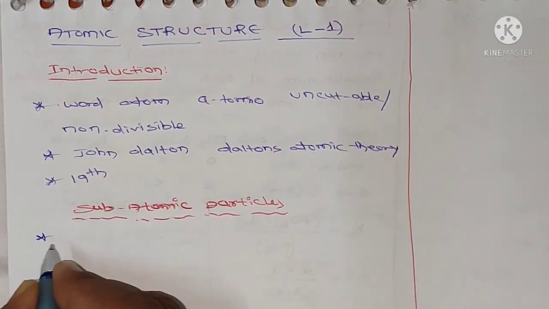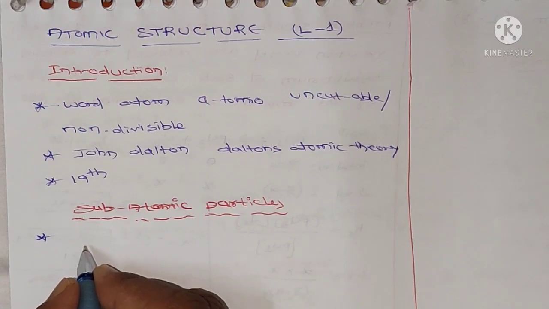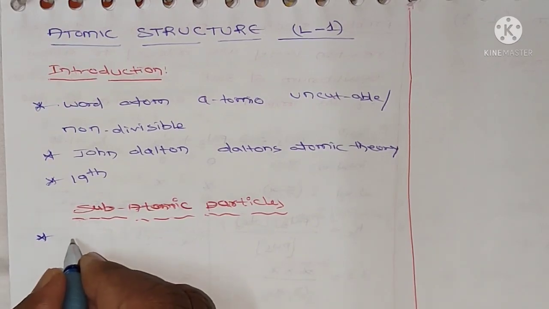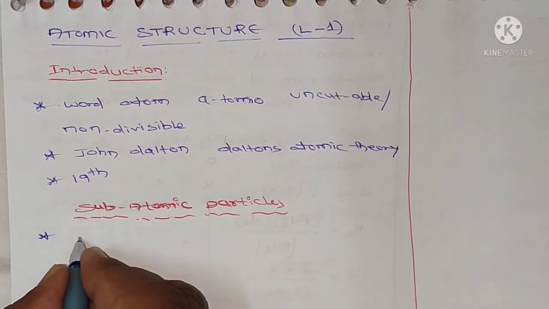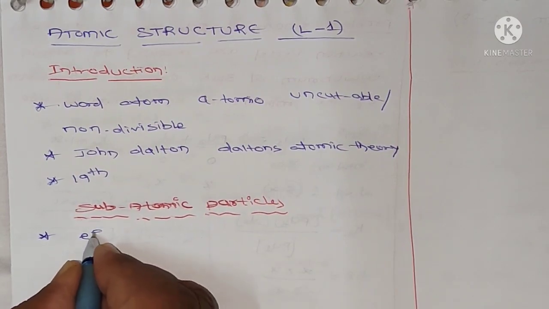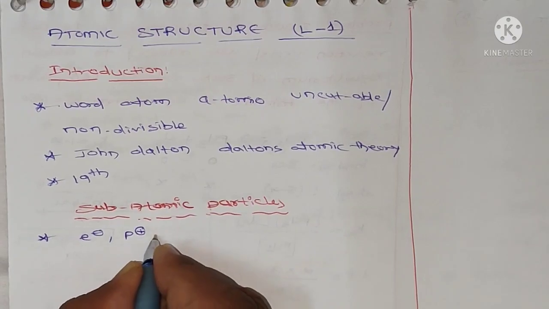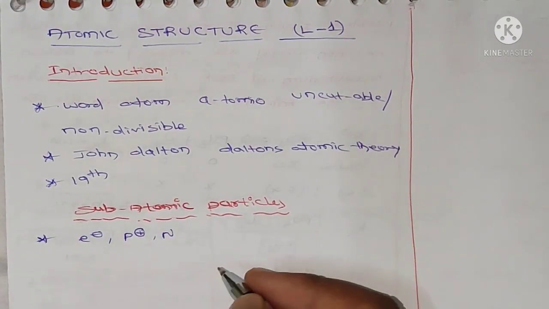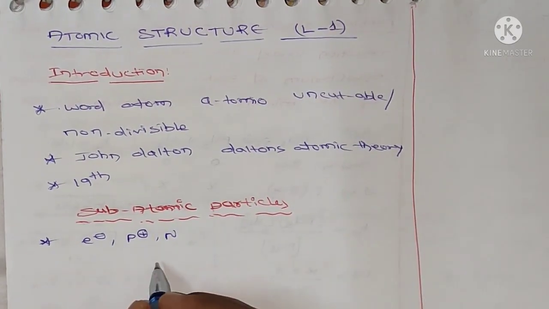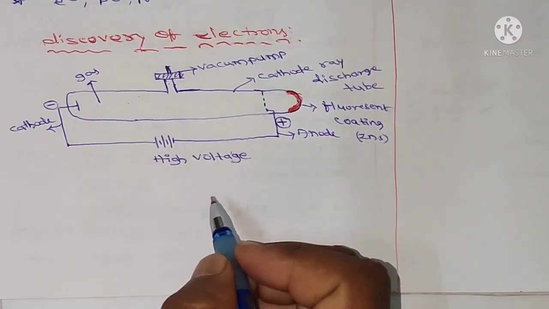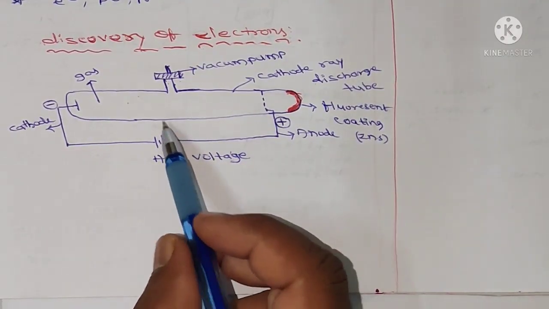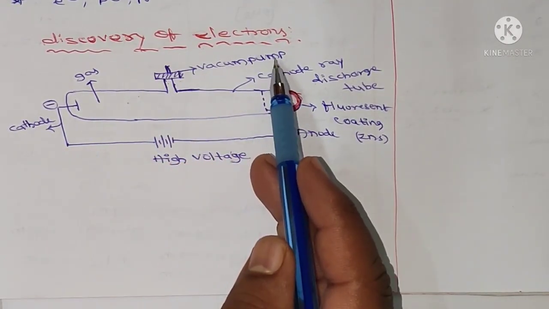Atoms further divide into subatomic particles, which are electrons, protons, and neutrons. First of all, we are going to discuss the discovery of electrons.